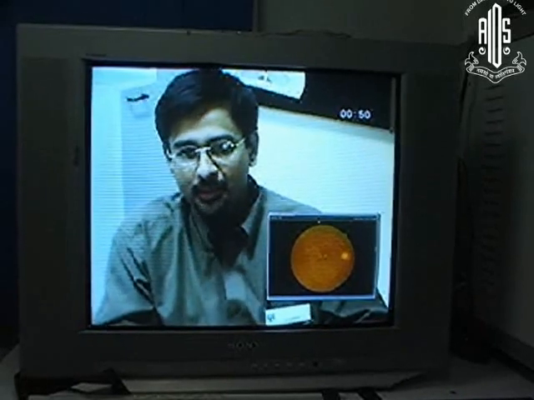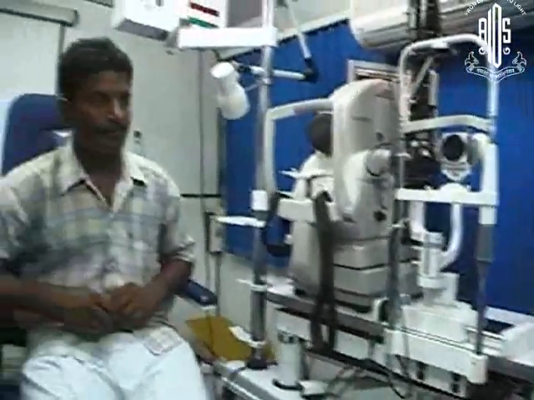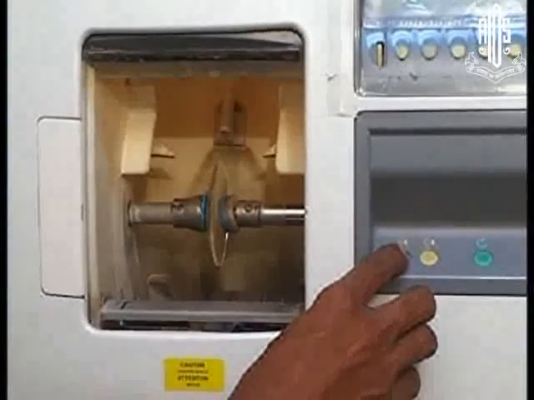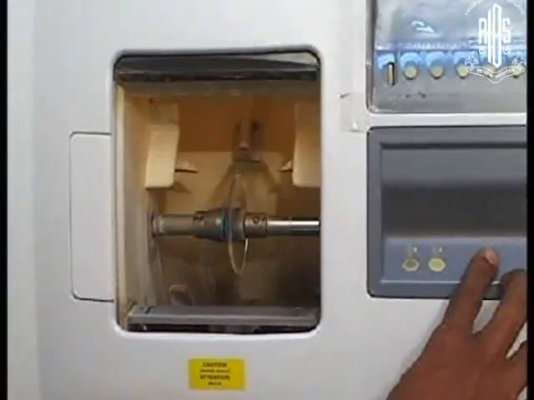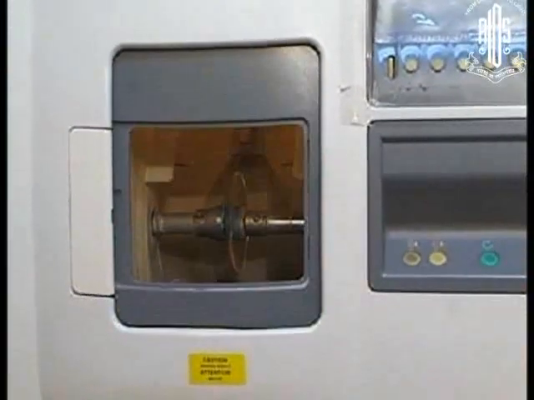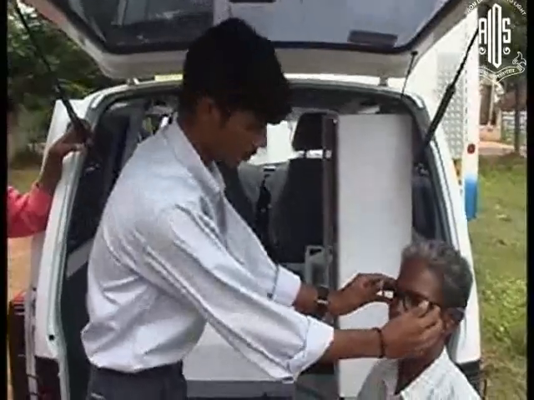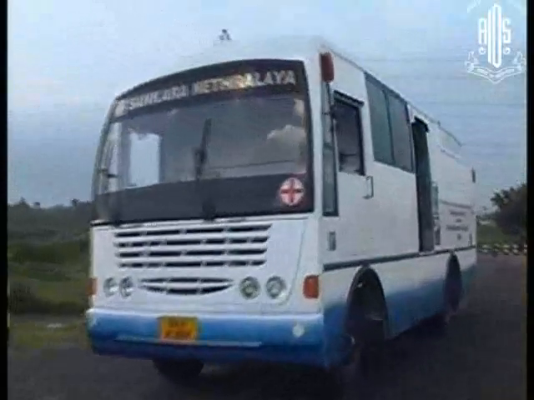He has sight-threatening macular edema, and the doctor sitting at the base hospital sees the images, gives the diagnosis, and directly converses with the patient regarding the need for treatment. This van is also accompanied by a smaller van which has a spectacle dispensing unit. If the patient needs just glasses, he is provided the glasses, and the van goes to the next village.